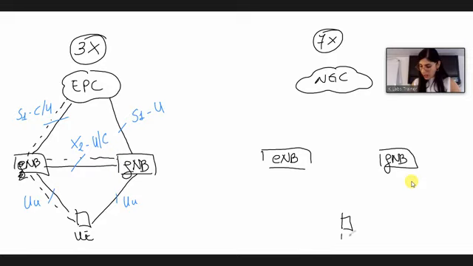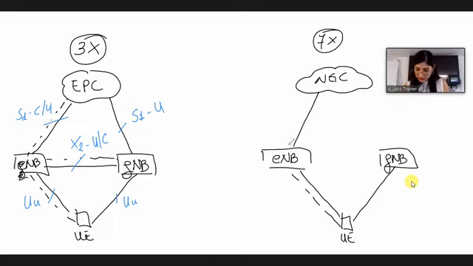We have our user equipment exchanging user plane with the gNode B and both user plane and control plane with the eNode B. Then the eNode B can communicate for both user plane and control plane with the core network. The core network and the gNode B can communicate only for user plane, and eNode B and gNode B can communicate with each other for both user plane and control plane.